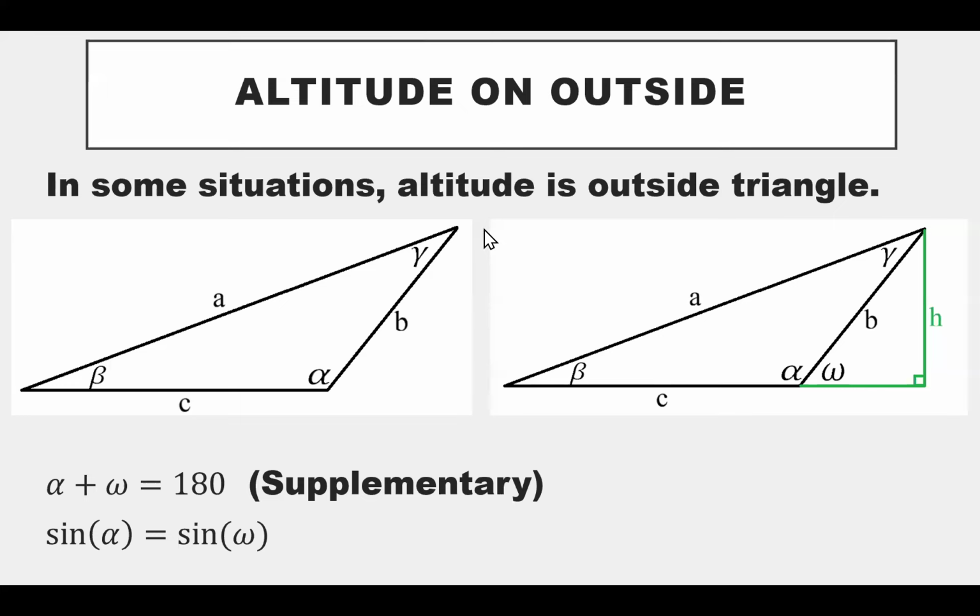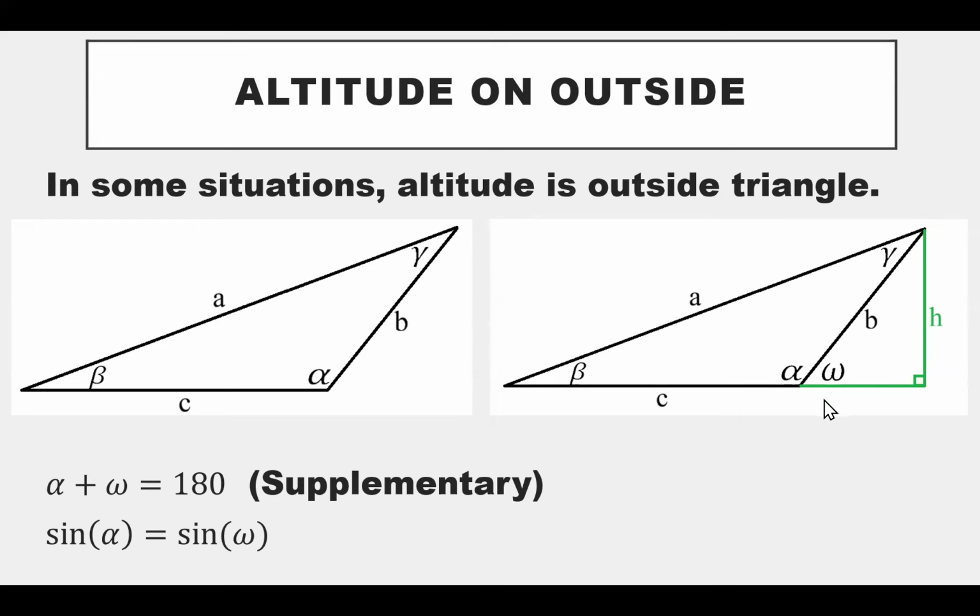There is one little thing that we have to worry about, and that is if my triangle is obtuse and I want to draw my altitude, again through the point at gamma but perpendicular to side C. If I try to do that, then the altitude is on the outside of the triangle.